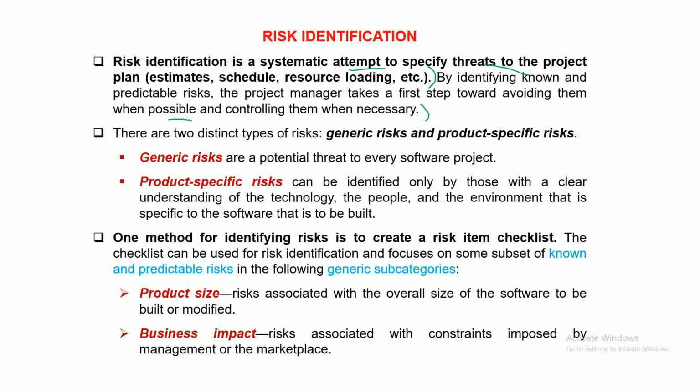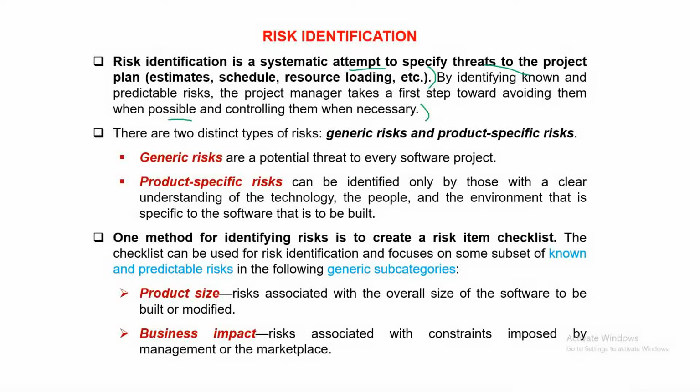But known risks can be identified by carefully going through the system plan and the designs. Predictable risks are based upon prior experience, the predictable situations which come after due experience. So the project manager can take the first step.